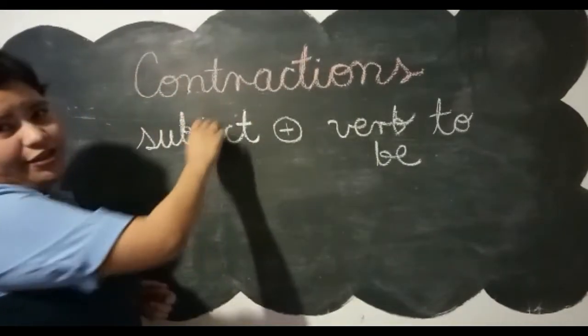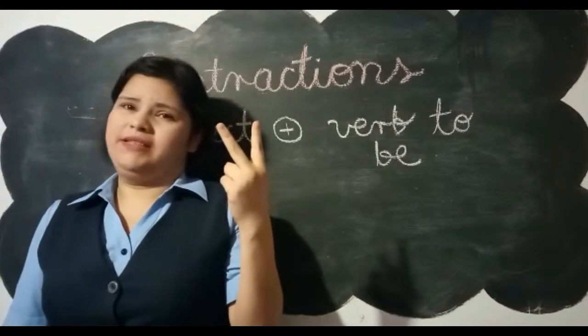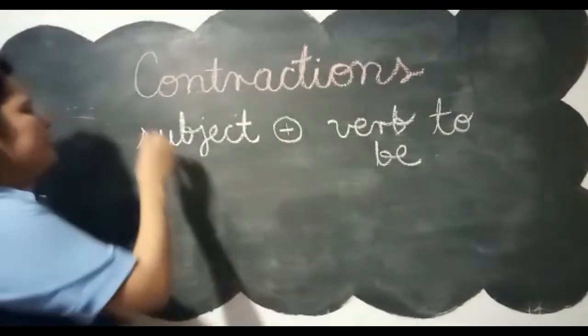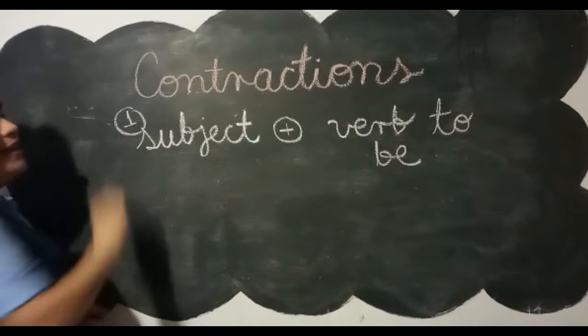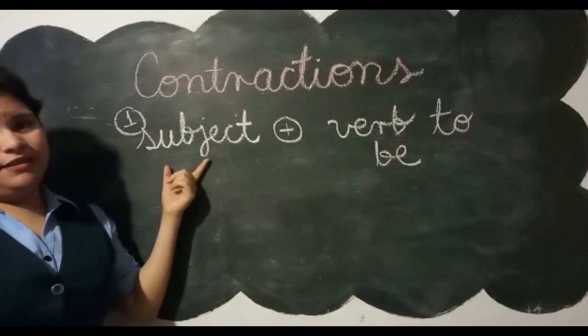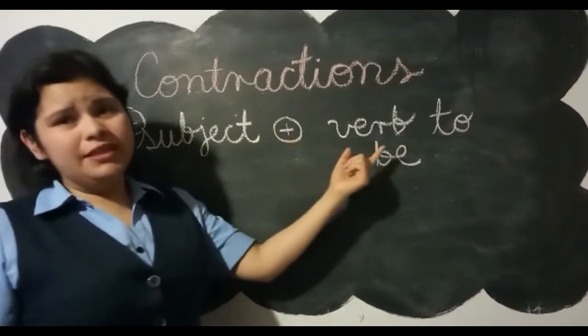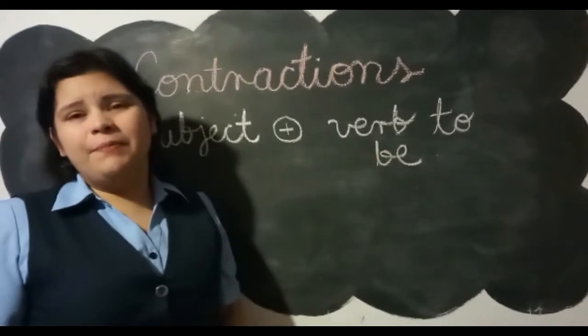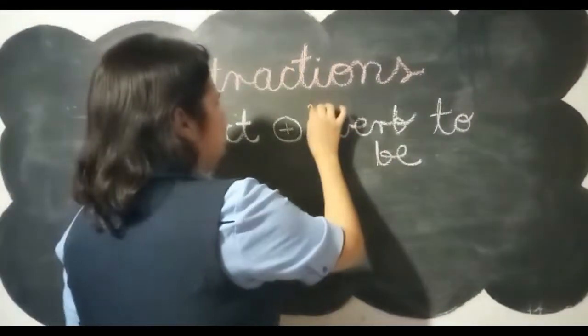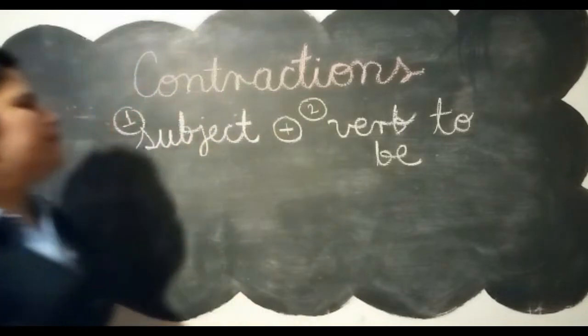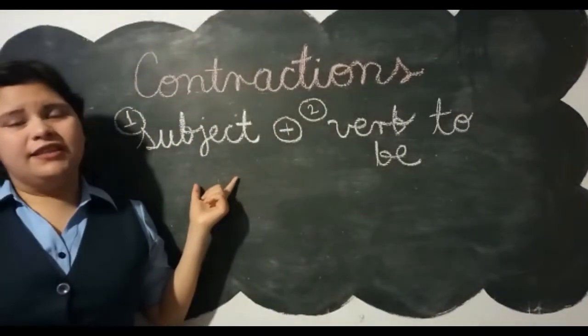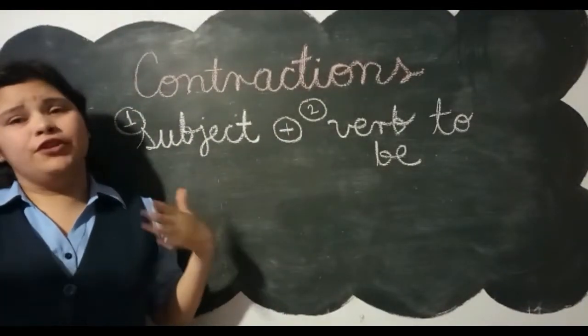For contractions, we need two elements. The first element is the subject. The element number 2 is a verb to be. As subject, we can use different words.